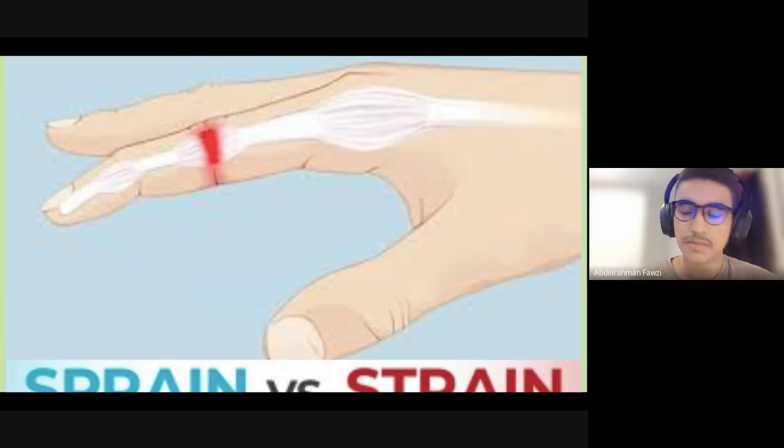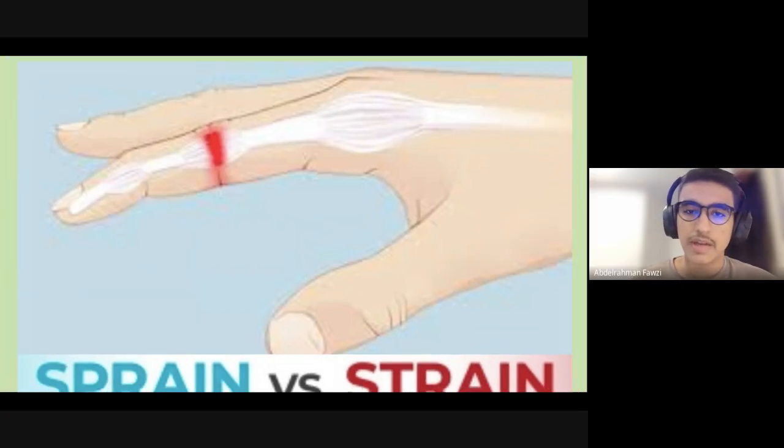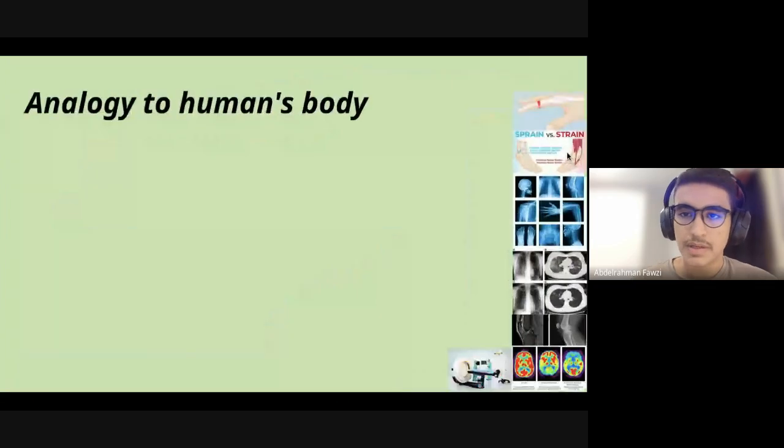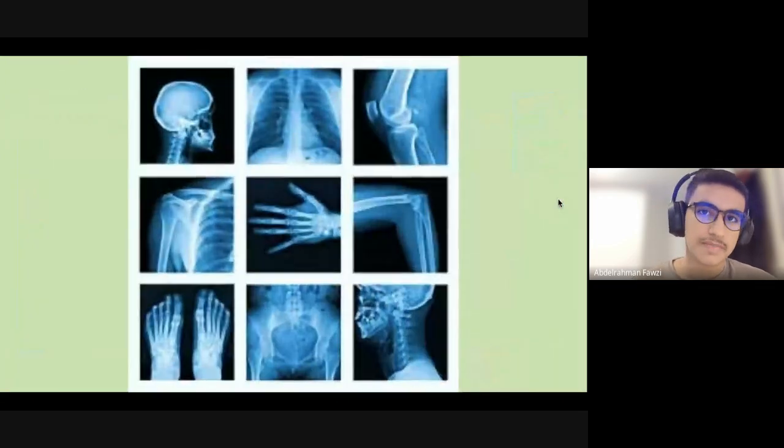We do correlation based on pain, or on surface changes, like skin color changes, and this kind of stuff. Then we might go further and do X-rays, right?